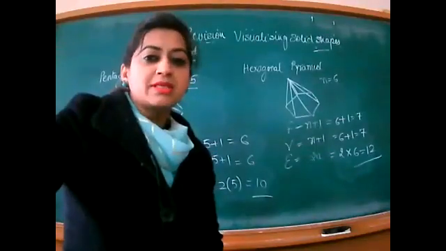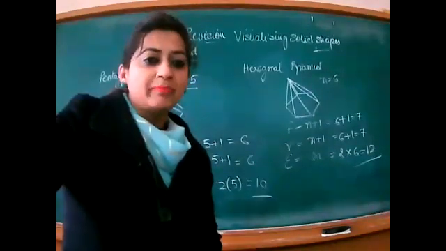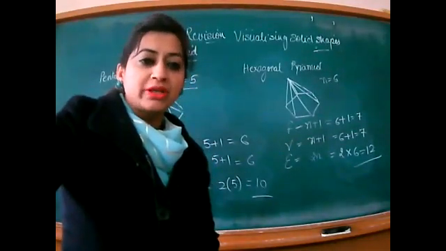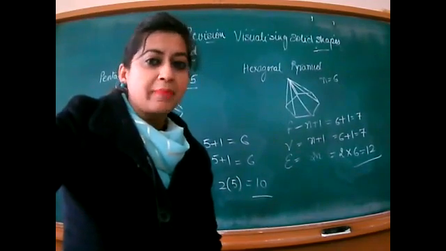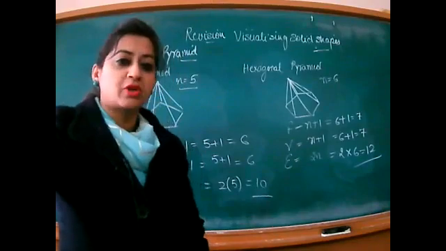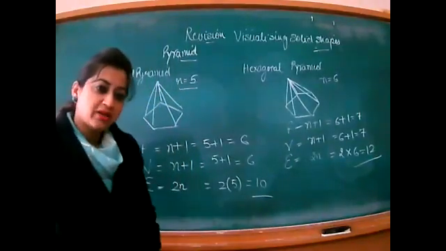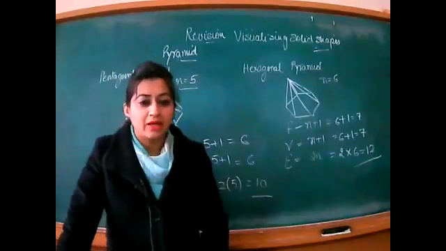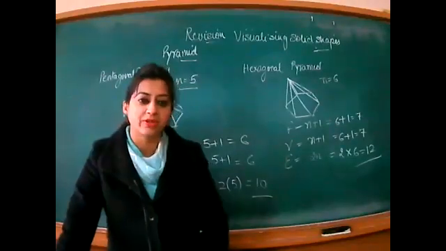A prism is a polyhedron whose top and bottom is a polygon which is the same in shape, and lateral faces are parallelograms which are congruent to each other.